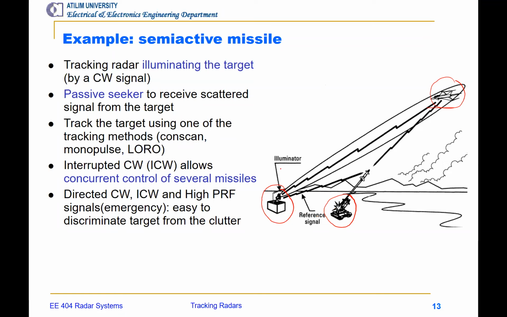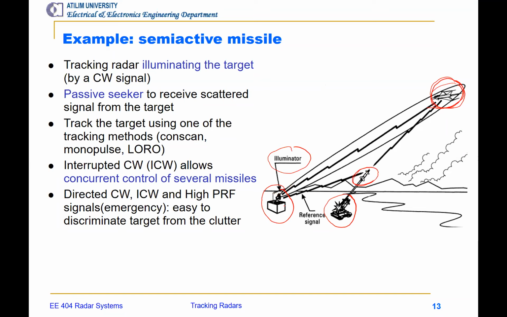And the goal of the illuminator is to transmit signals continuously or interrupted continuous wave. So interrupted means transmit some and then wait, and transmit some and wait. In this way, the emitted signal will hit the target, but it's collected by the missile, not the illuminator.